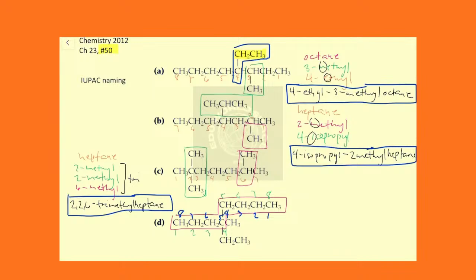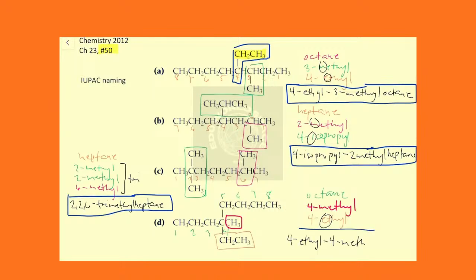We got ethyl and we got methyl, and E comes before M in the alphabet. So we got 4 ethyl, 4 methyl octane. All right, so finally we have named all the molecules we have for problem number 50.